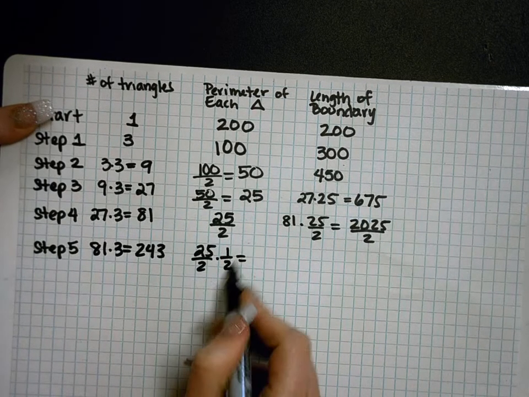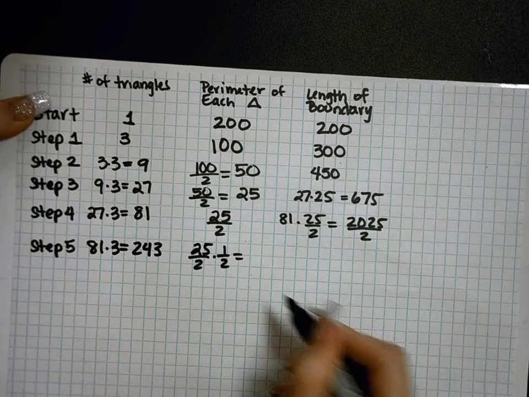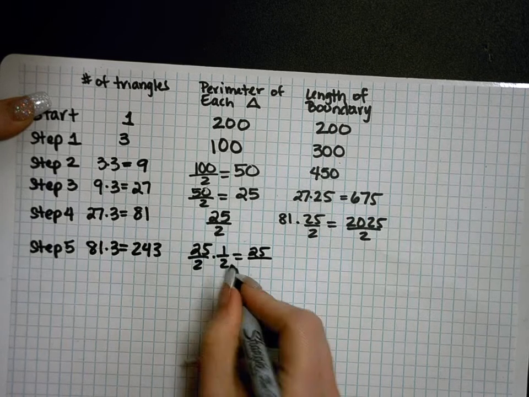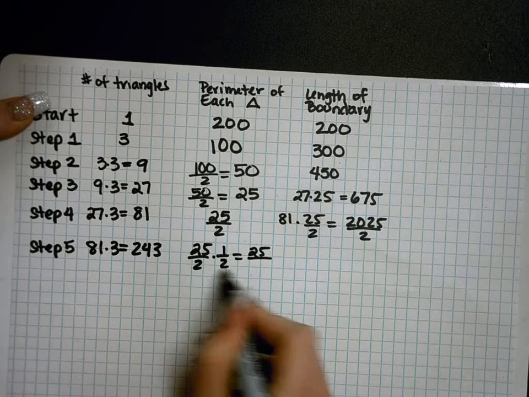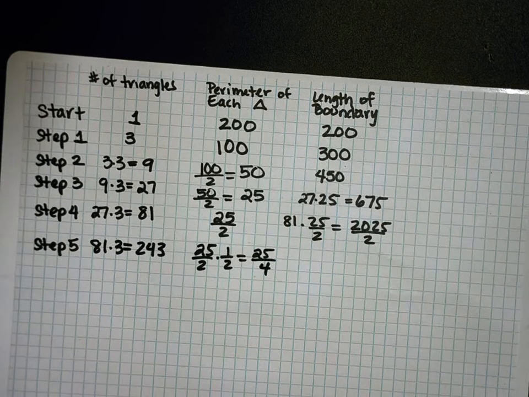Multiplying something by 1/2 means the same thing as dividing by 2. It's just two different ways to write it. We're going to multiply across on top, which gives us 25, and then multiply across on the bottom, 2 times 2, which is 4. So the perimeter of each one of the smaller triangles is 25 over 4 in exact form.